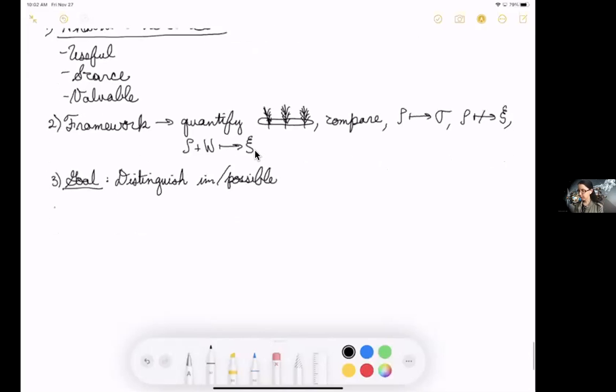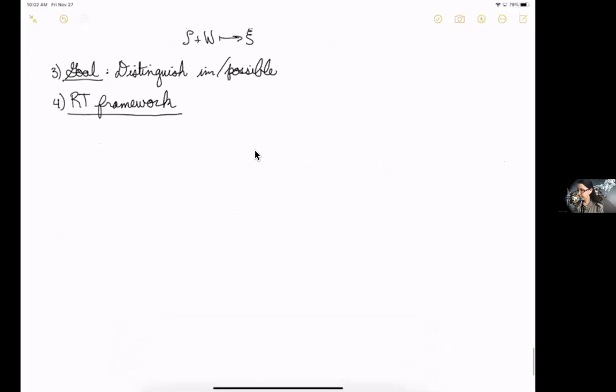The resource theory framework is a framework for addressing these questions. It's a toolkit, a mathematical and conceptual toolkit developed in quantum information theory.